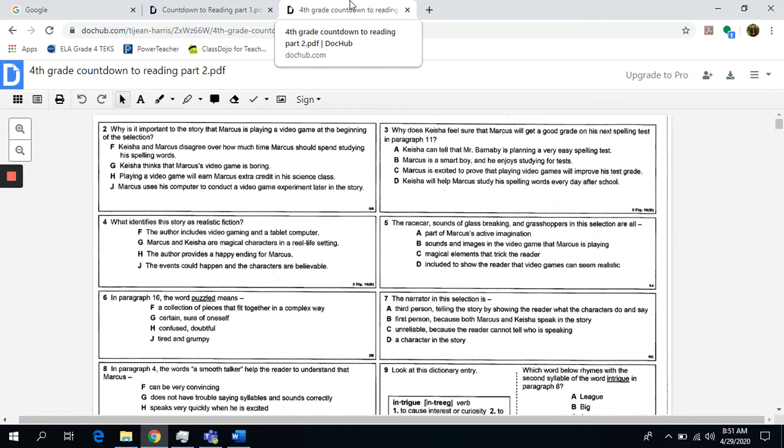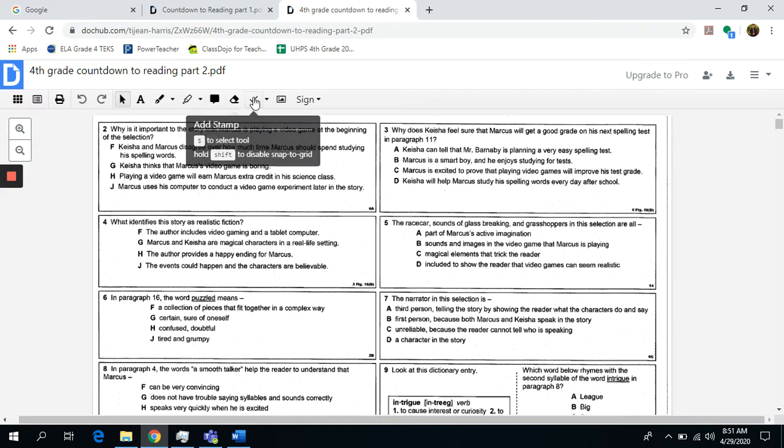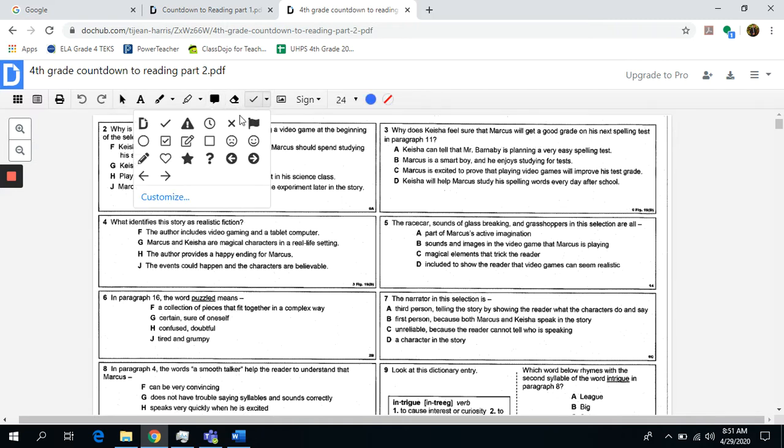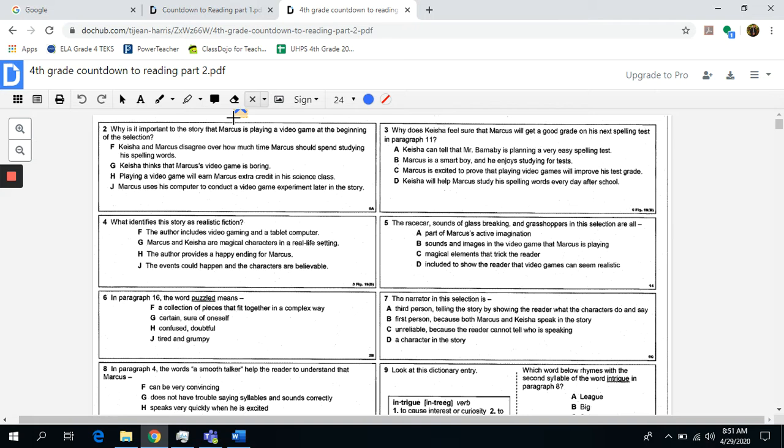So the author includes video gaming in the tablet computer. Just because they include things that do actually exist. Remember, if we're telling a story about a rabbit doing this, can a rabbit actually play on video games on the tablet?